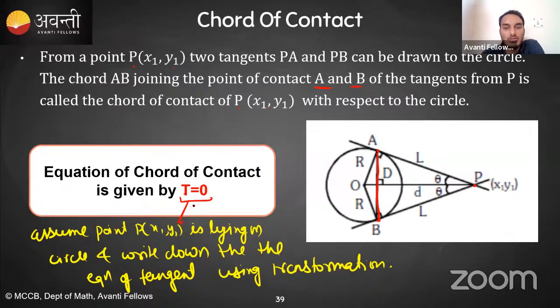And what is T = 0? Assume the point is lying on the circle, write down the equation of tangent using the transformation, but the point is not lying on the circle, so it will not give you the equation of tangent. What will it give you? The equation of chord of contact.